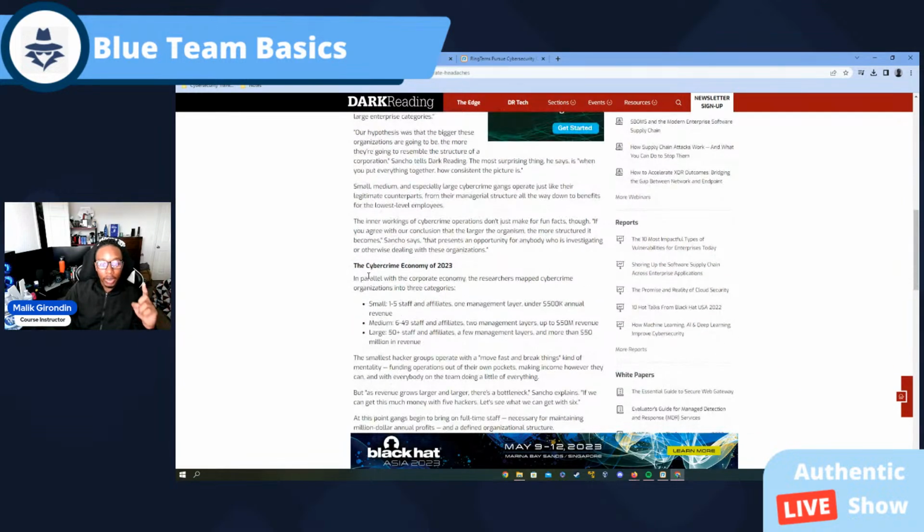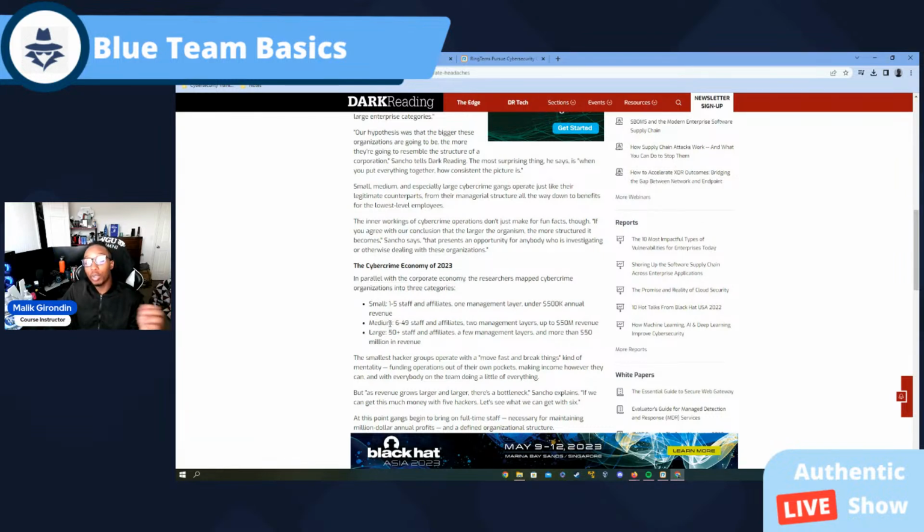Let's read this. The cybercrime economy of 2023. In parallel with the corporate economy, the researchers mapped cybercrime organizations into 3 categories. Small: 1 to 5 staff and affiliates, 1 management layer, under $500,000 annual revenue. Wow, that's a team of 5, and they're already racking up $500,000. These are estimates.